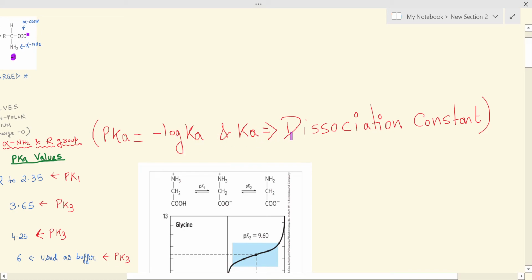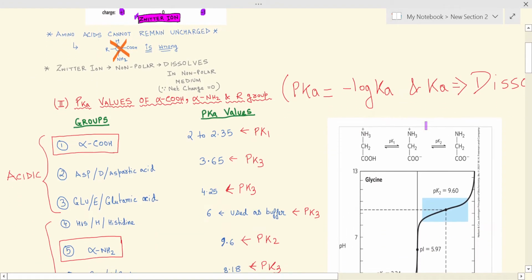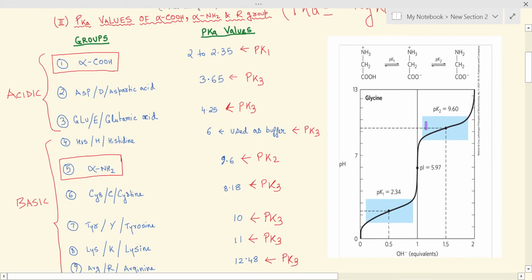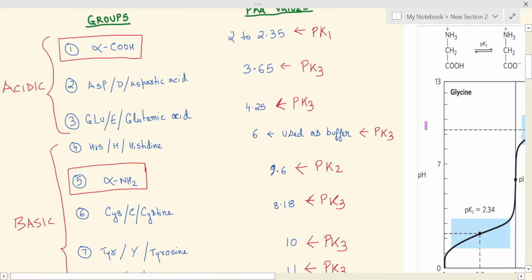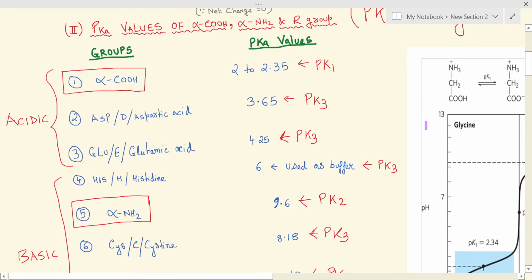Ka is nothing but the dissociation constant. Now you need to remember some of the pKa values as I have mentioned here, because these values will help you to calculate the charge of a polypeptide chain.